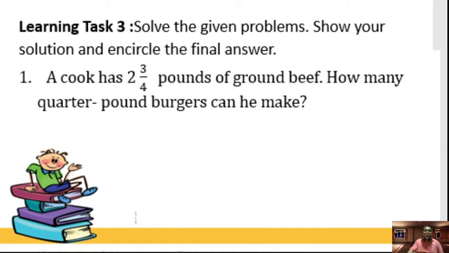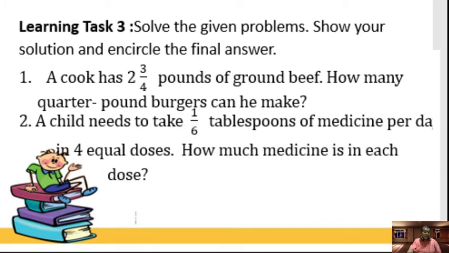So, a cook has 2 and 3/4 pounds of ground beef. How many quarter-pound burgers can he make? Next, a child needs to take 1/6 tablespoon of medicine per day in 4 equal doses.